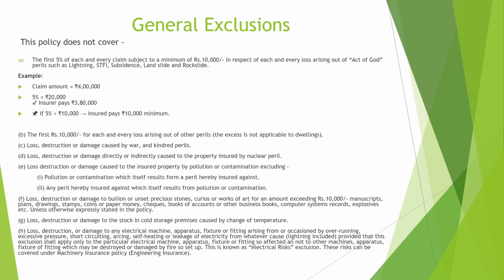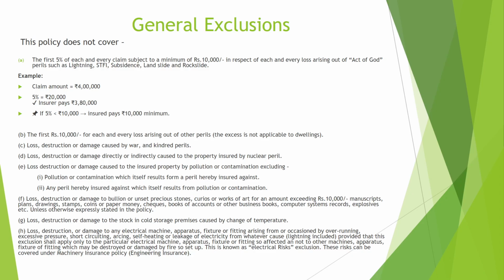Okay, these are some general exclusions. When you take a policy, these are general exclusions that you should know, which are not covered in the policy. The policy does not cover what it does not cover, and I will try to tell you in these points.